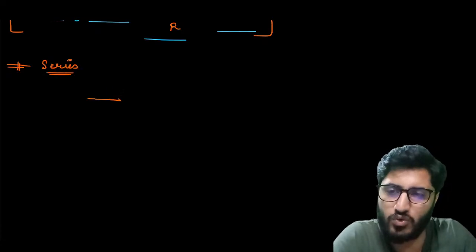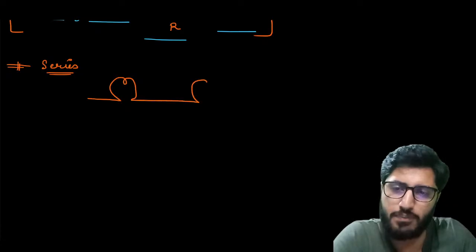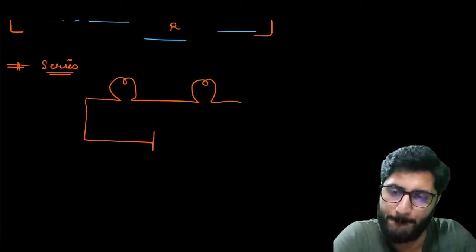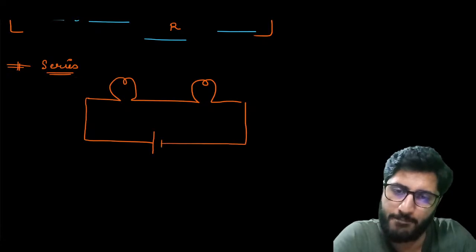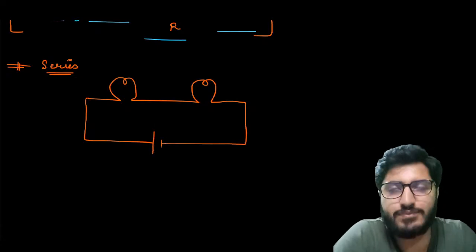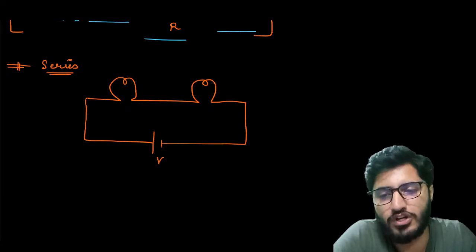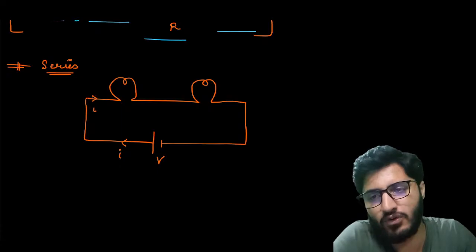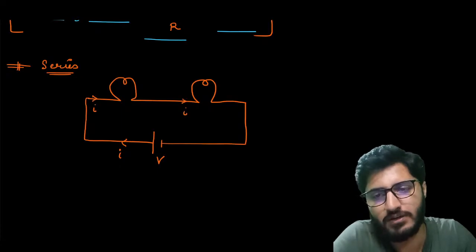If we are having two bulbs, look, one bulb, second bulb, with, let's suppose, some voltage V. So current I will pass. The same current will flow through both the bulbs.